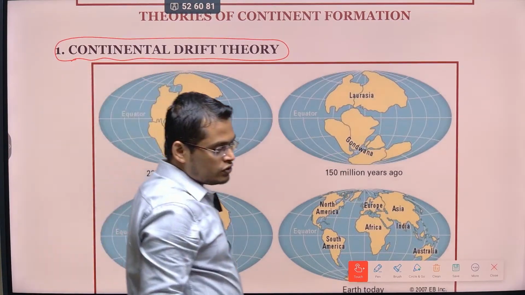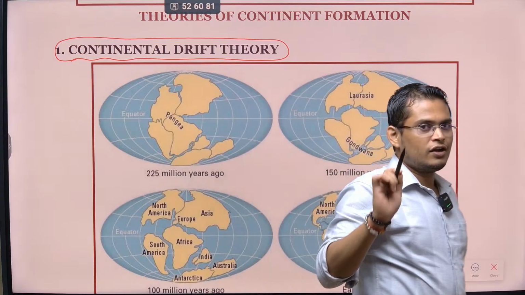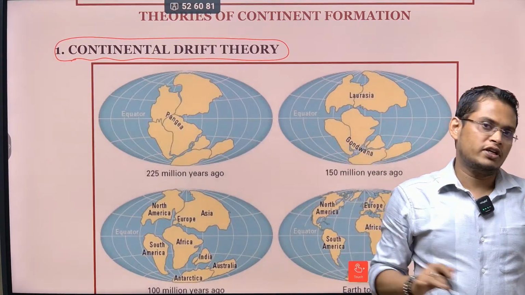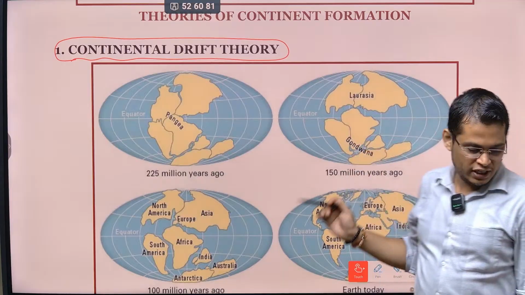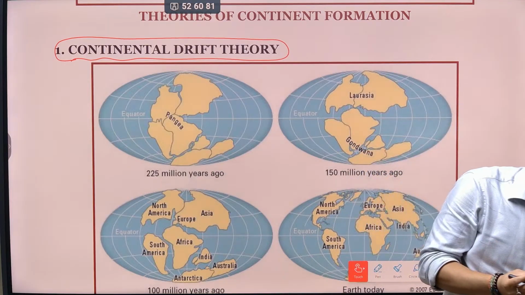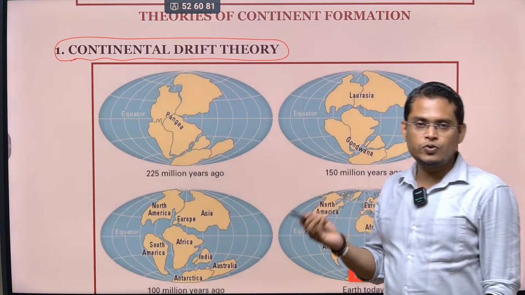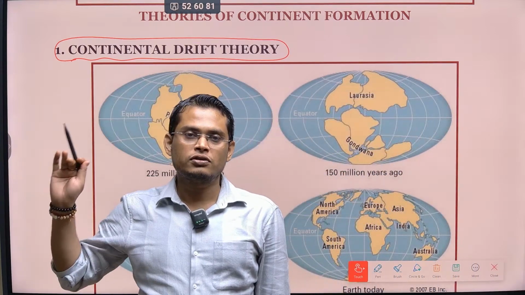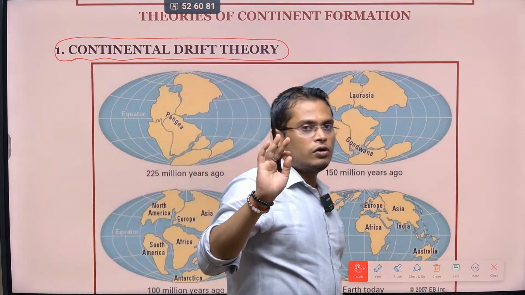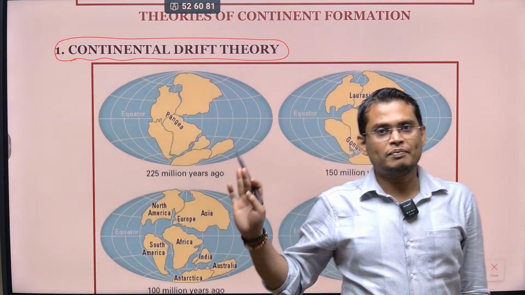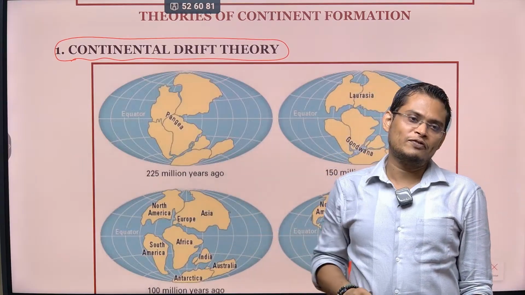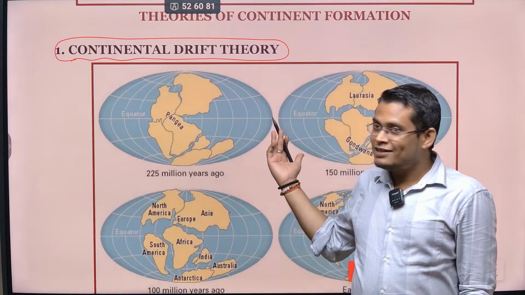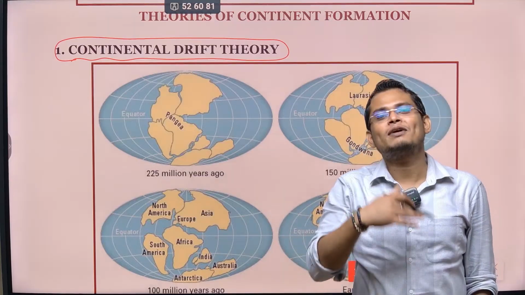We are going to see a lot of theories, and not a single theory is able to explain everything until the plate tectonic theory. So each and every theory provides some partial information, but at the end you will get complete information through the plate tectonics theory. Till the plate tectonics theory you will have a lot of confusion. I know that you will not be able to understand why this happens, because these theories have been proposed but are not able to explain why.